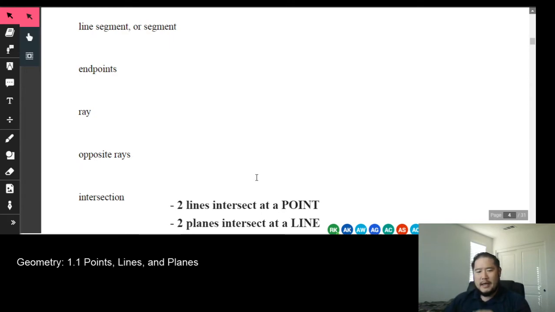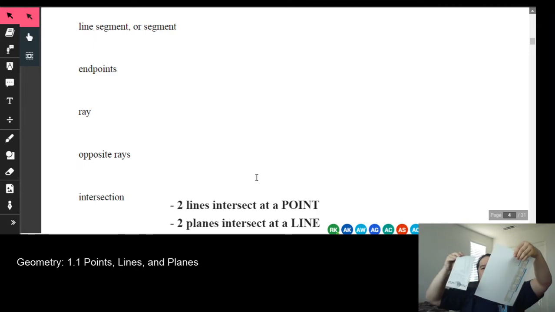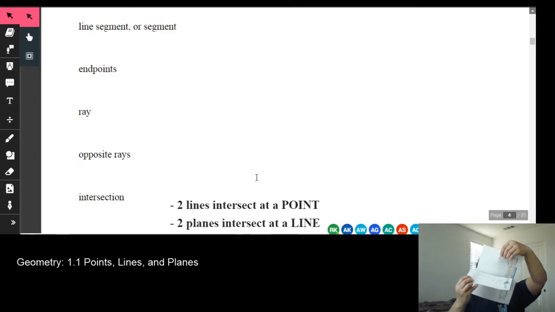When it comes to two planes, we have plane one here, and we'll call this a second plane. If I intersect them, you would see that there is a line, and that line happens to be this horizontal one where the notepad is, on the second plane.